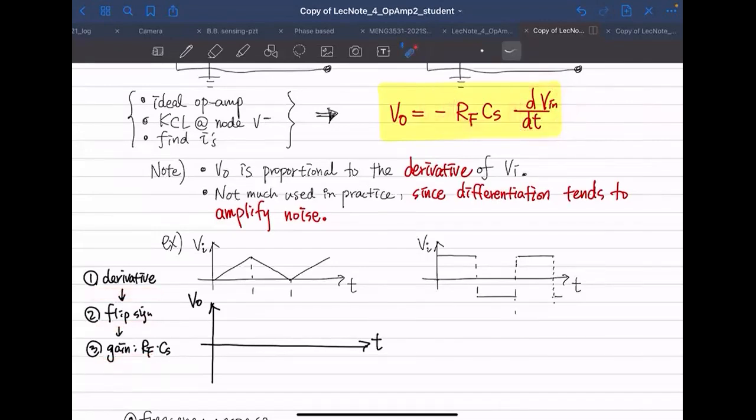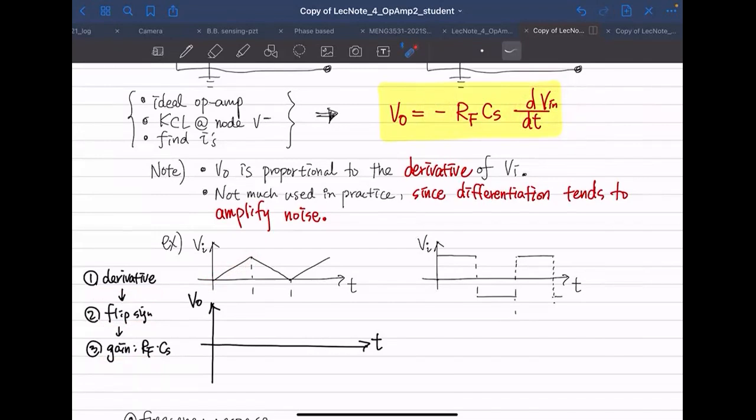Okay, so let's try this thing. From here to there, it's a constant kind of motion. So what's the derivative of this ramp? What would be a derivative of a ramp? Yeah, it's going to be a straight line or a constant, right?